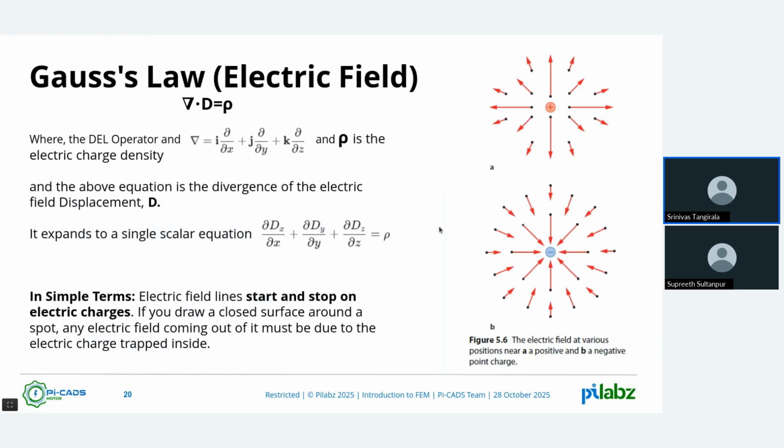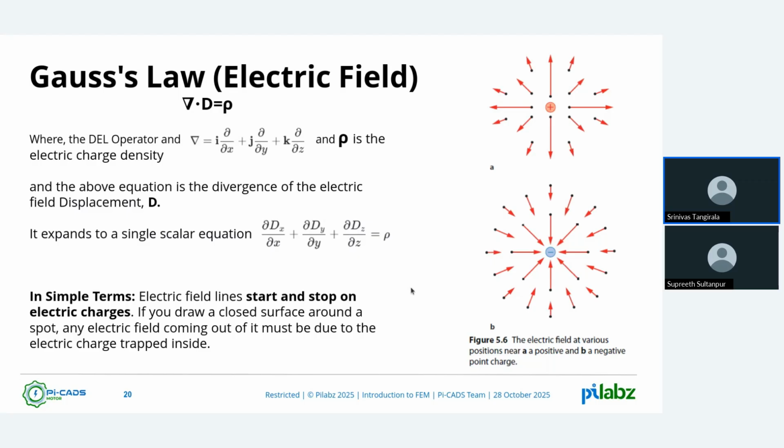Yeah, now we look into Gauss's law for the electric field. Like I mentioned, the del operator is actually a three-dimensional vector quantity. So i, j, k represent the three dimensions in the XYZ coordinate system. i is the unit vector in the X direction, j is the unit vector in the Y direction, and k is the unit vector in the Z direction.